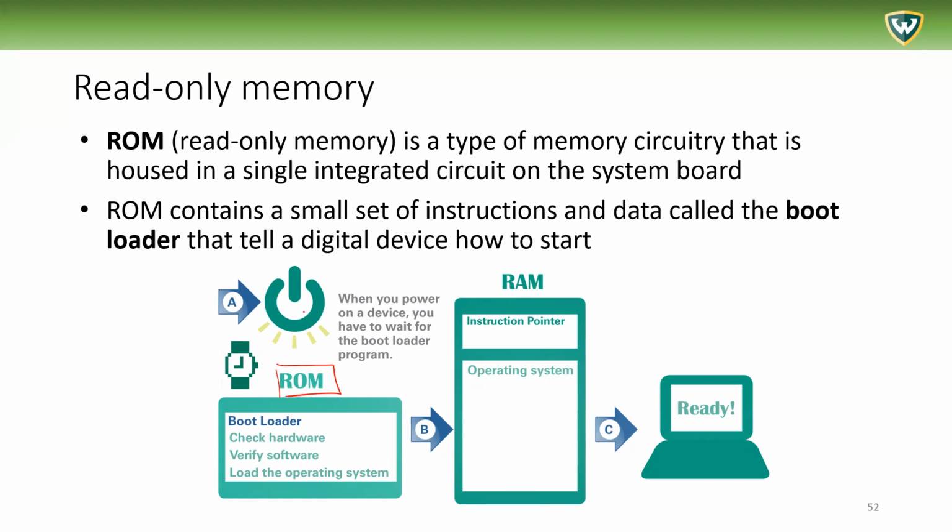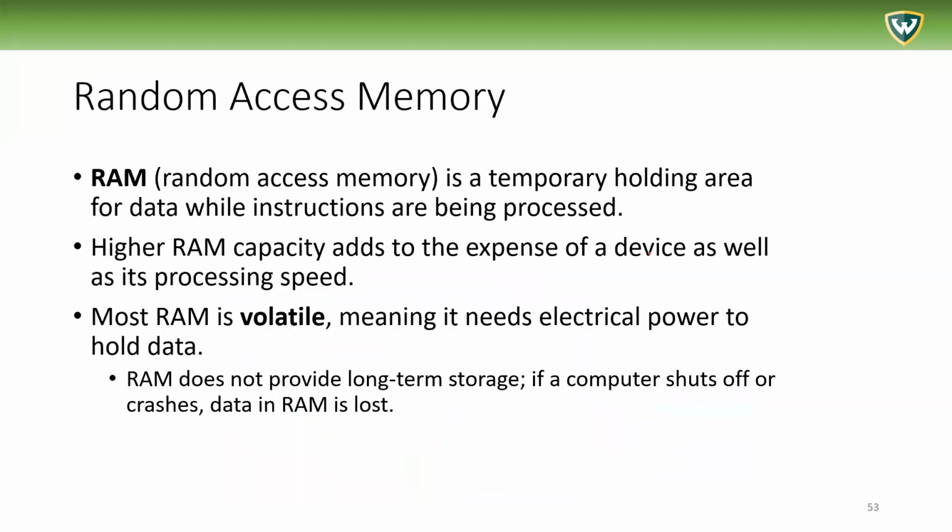So when you hit the power button on your computer, it sends an instruction to read the read-only memory, which has information on how the computer should even turn on to begin with, and even to check for an operating system to do something. So that's the read-only memory. It's kind of the bootloader. That means it's the loader to start the booting or the start of the computer. ROM contains a small set of instructions and data called the bootloader that tell the digital device how to start.